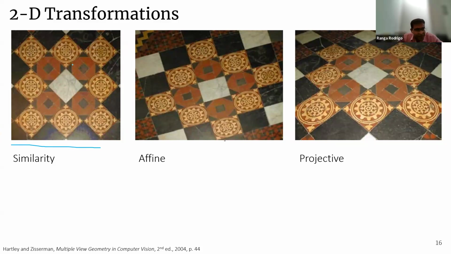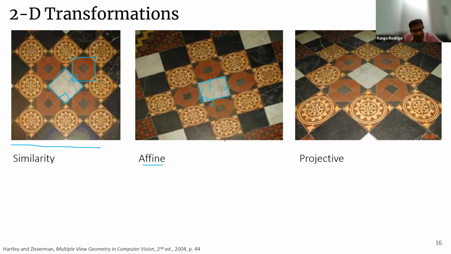You can see these squares are still squares, and this 90-degree angle is still a 90-degree angle. This is a square, that means all sides are equal, and this angle is a 90-degree angle. In the affine case, you can see they are no longer squares, but they are rhombuses. The sides are equal, but this angle is not 90 degrees.